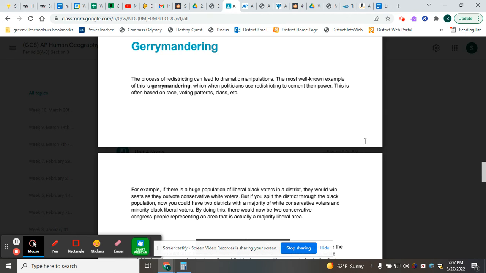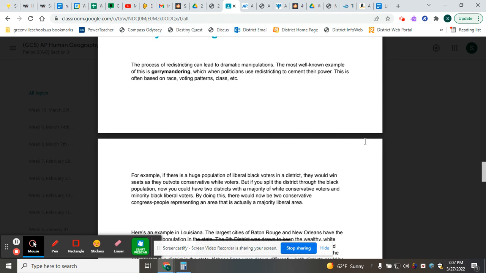We have 7 congressional districts in South Carolina, and you want to give yourself an advantage so that your district will still be mostly Republican voters. Because if your district is mostly Republican voters, that gives you, as the Republican candidate, a better chance at getting reelected.